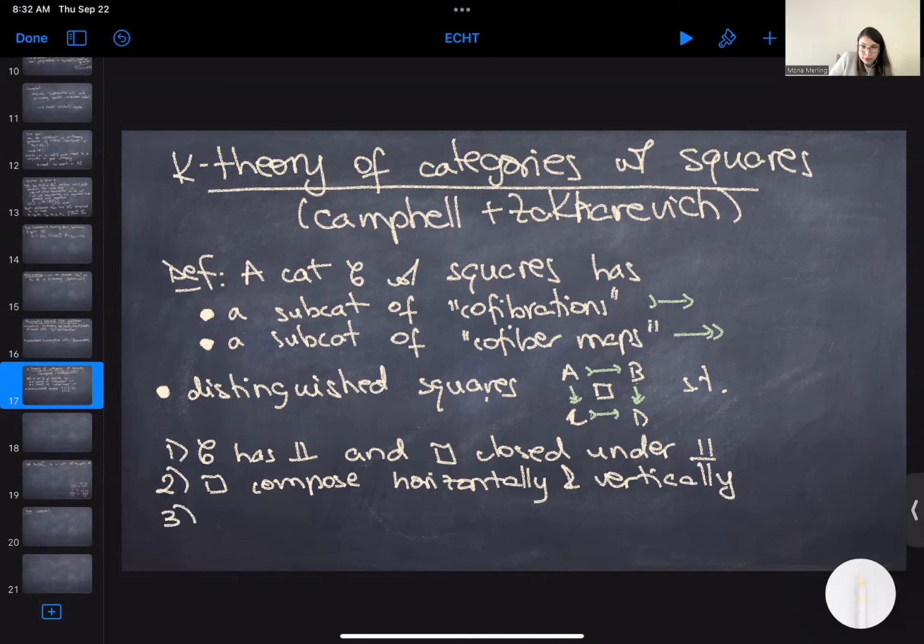Then number 3 is, just like in the case of a Waldhausen category, we want these 2 special classes of maps to contain all isomorphisms.